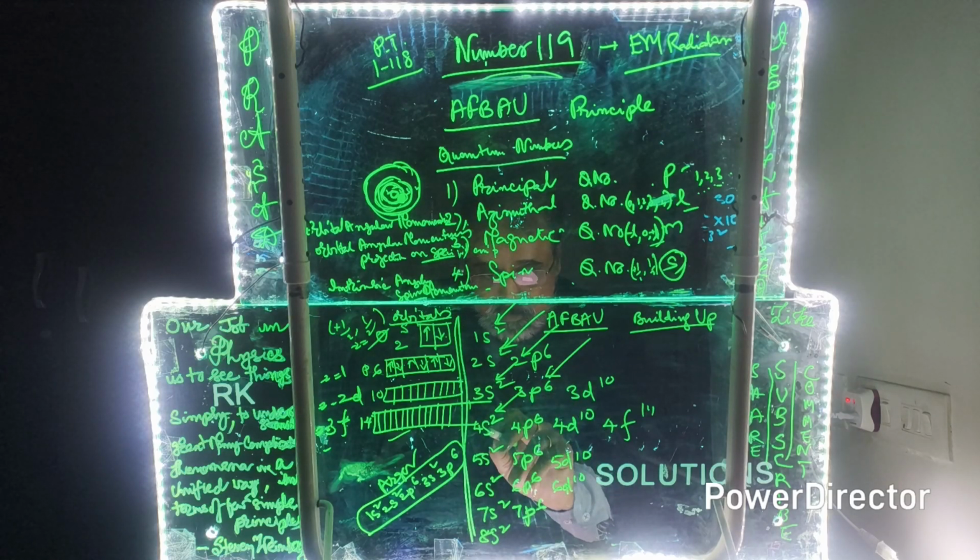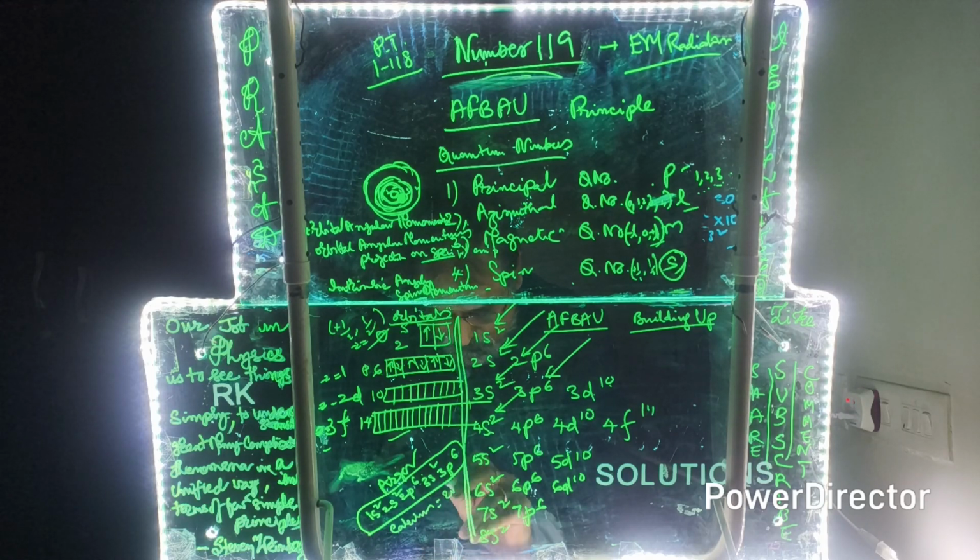After argon, let us say calcium. Calcium is atomic number 20. 1s2, 2s2, 2p6, 3s2, 3p6, 18, 4s2, 20.